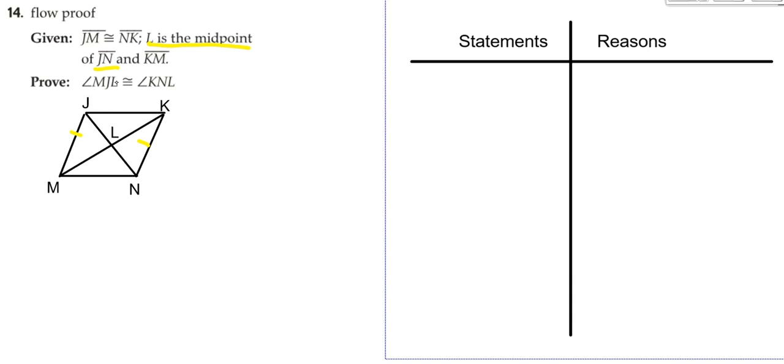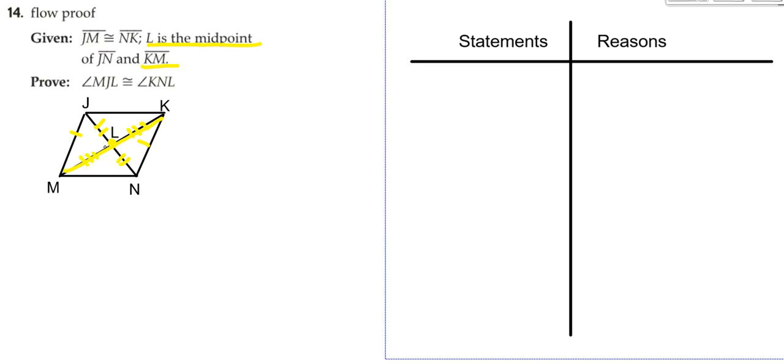L is the midpoint of JN, so that means here's JN, L is the midpoint, so these little pieces are the same. Likewise, L is the midpoint of segment KM. So here's segment KM. L is the midpoint. So these are the same as those.